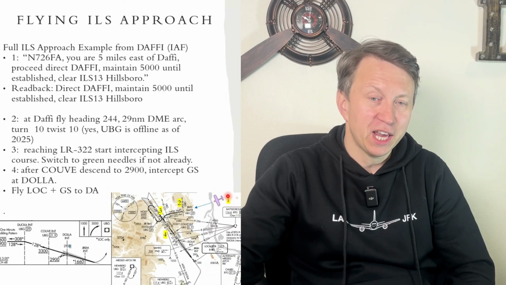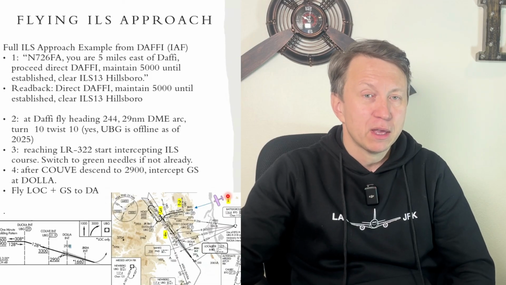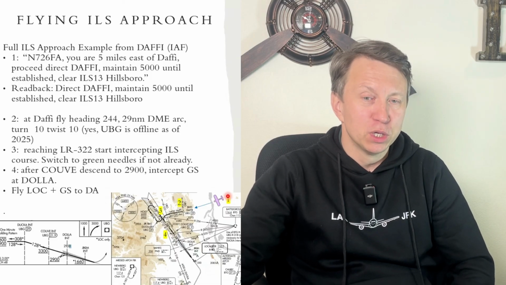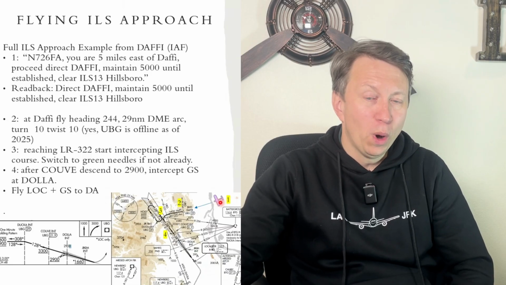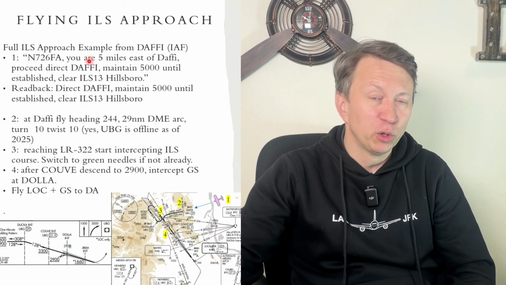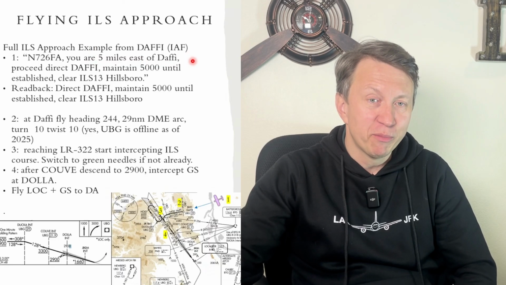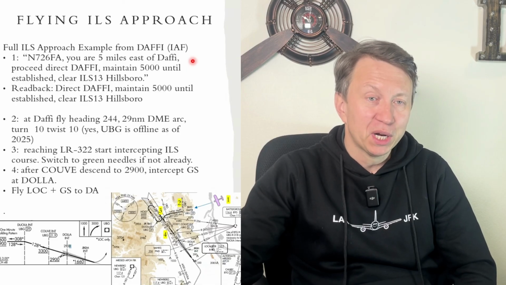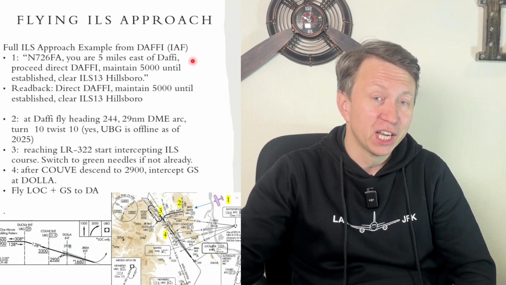We have requested a full approach with an arc from Duffy, and ATC was nice enough to give us that. Once they're ready to clear us, they will follow that PTAC example to give us the clearance. They'll say, November 726 Foxtrot Alpha, you are 5 miles east of Duffy. Proceed direct Duffy, maintain 5,000 until established, cleared ILS 13 Hillsboro. And they'll say it quick.